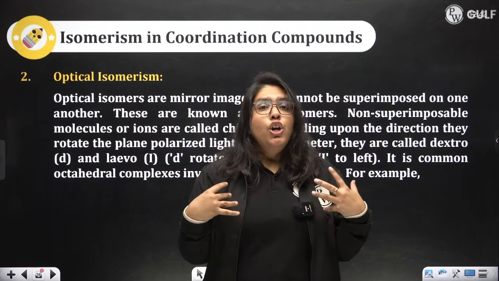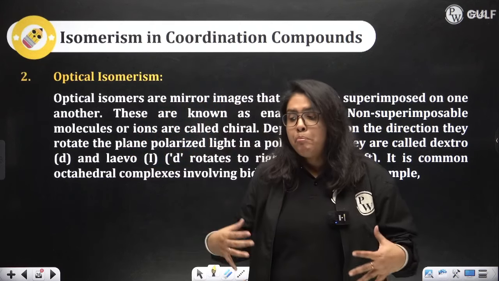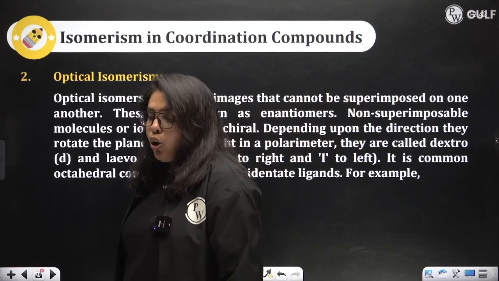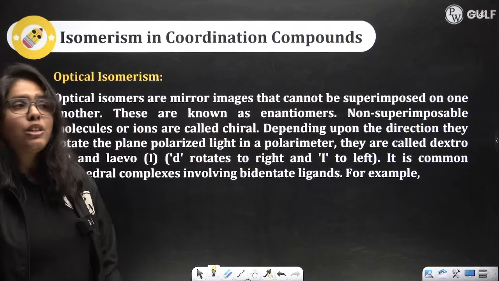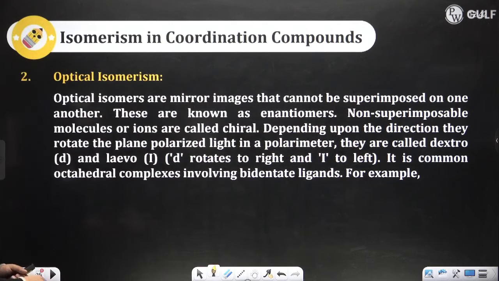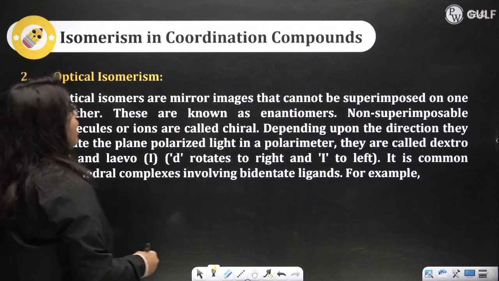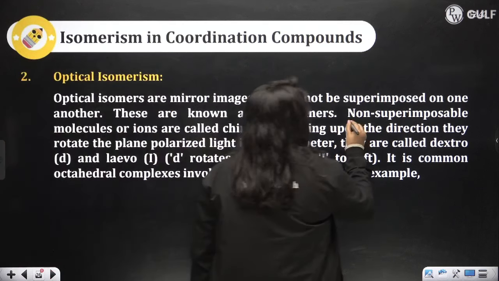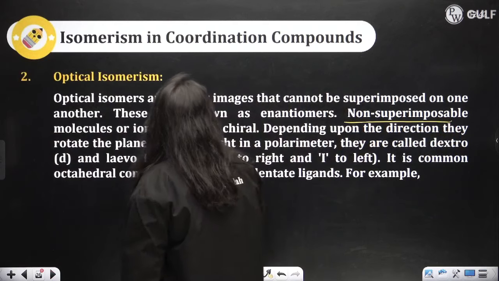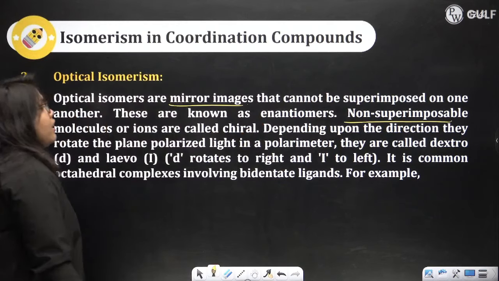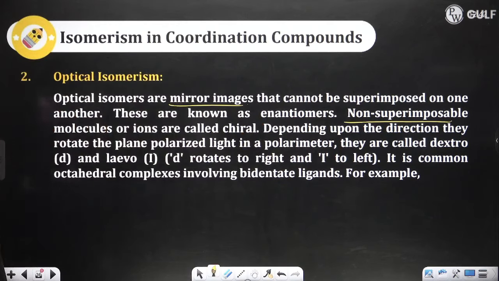So, non-superimposable mirror images form optical isomers. That is what you need to keep in mind. Non-superimposable mirror images show optical isomerism.